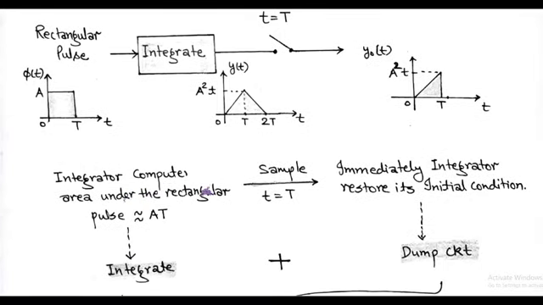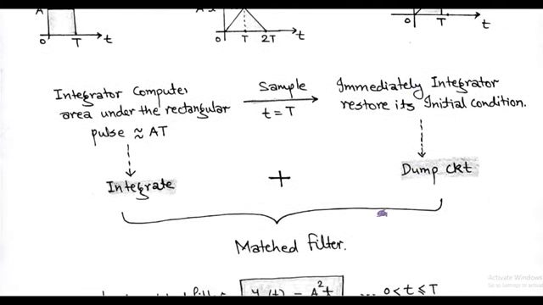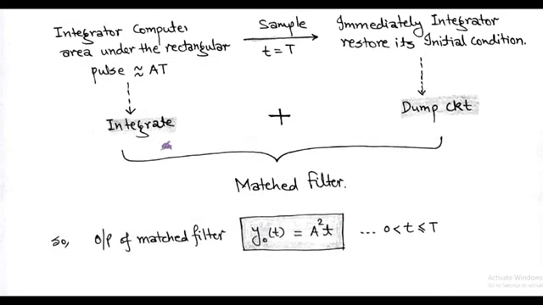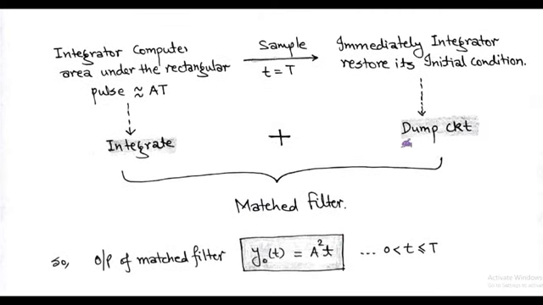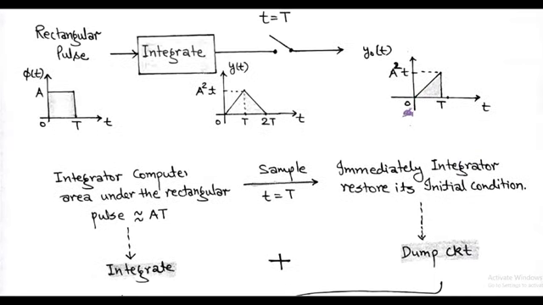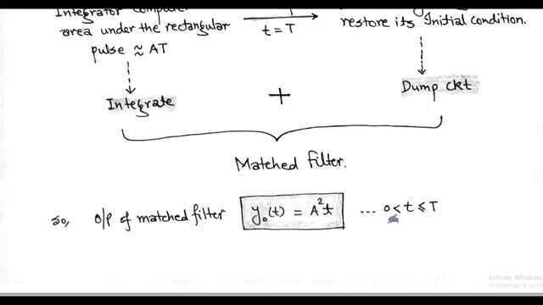Here the integrator computes the area under the rectangular pulse, that is A times T. After sampling at t equals capital T, the integrator immediately resets to its initial condition, hence called a dump circuit. So the matched filter can be simply implemented using an integrate and dump circuit. So the output of the matched filter y0(t) equals A squared t for the interval t greater than 0 but less than or equal to capital T.